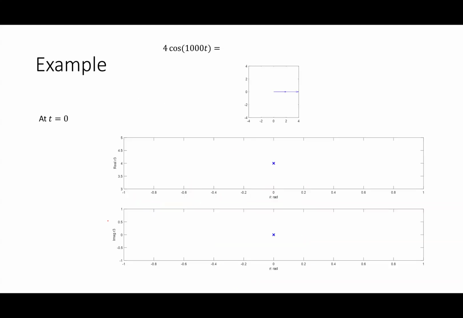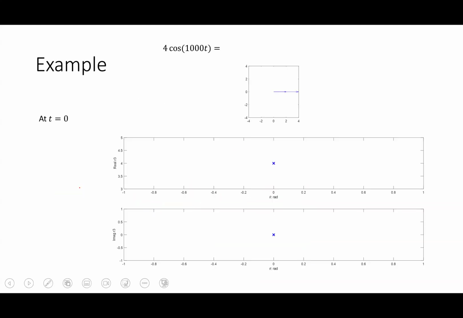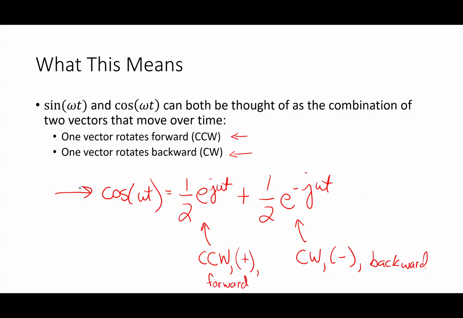How do I use this result here to write 4 cosine 1000t? What would this summation become in that case?